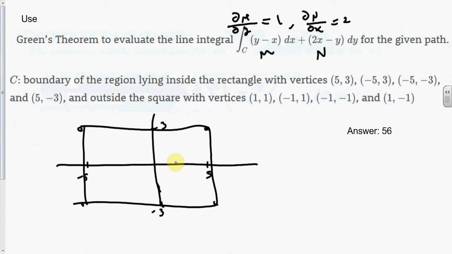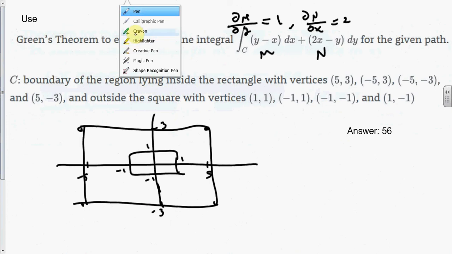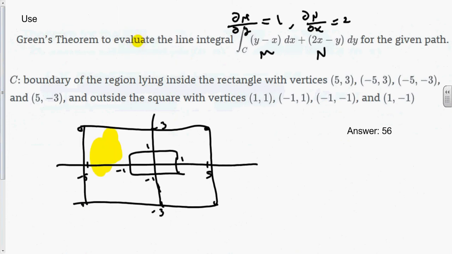And then inside there's a square. It looks like a rectangle, but you want the boundary of the region lying inside the rectangle and outside the square. So here, it's just the area.